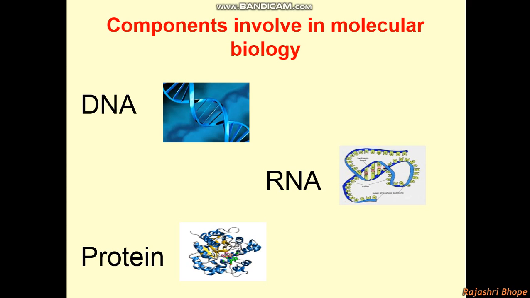In molecular biology, we'll particularly focus on nucleic acids, that is DNA and RNA, how they are synthesized, how they unite together, how they work hand in hand for proper signaling, how they form a protein and how these proteins work as building blocks.